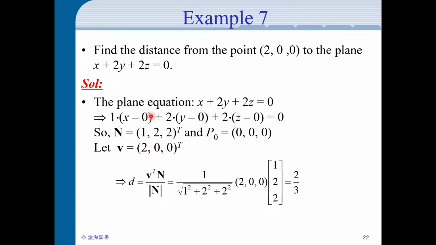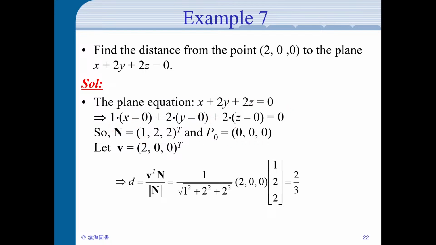As we see, we can decompose it into this n vector, which is 1, 2, 2, and then we pick our p0 as 0, 0, 0.